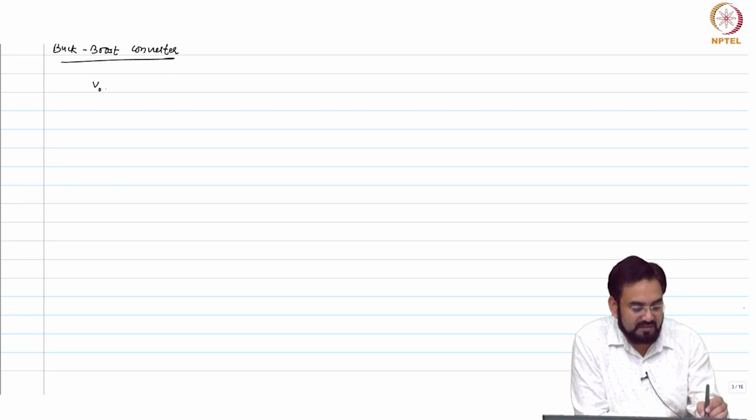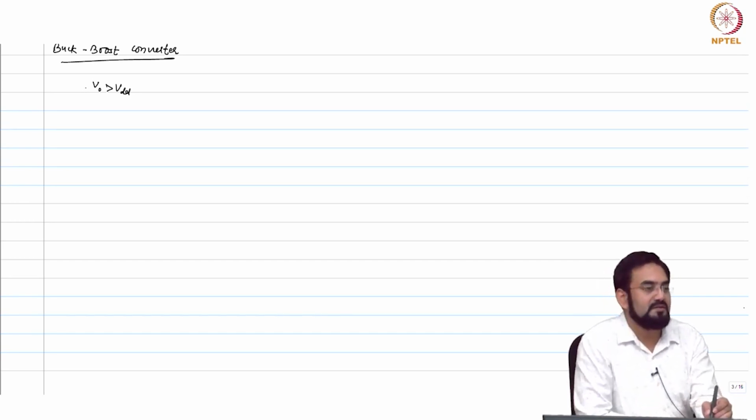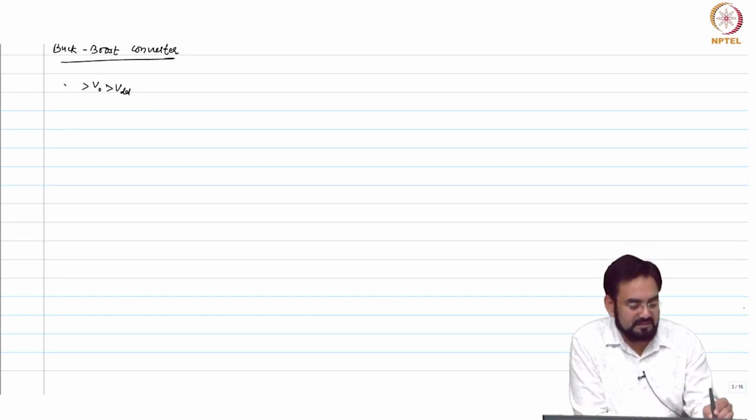So for the buck boost converter, we know for boost, V out is greater than VDD, and for buck, V out is less than VDD.